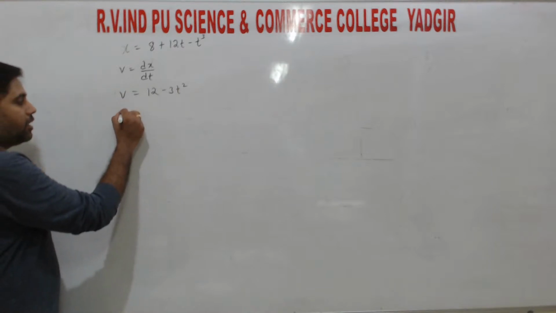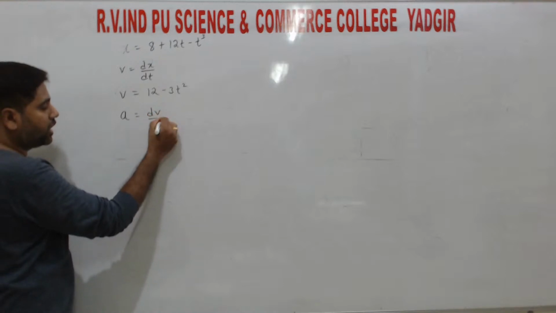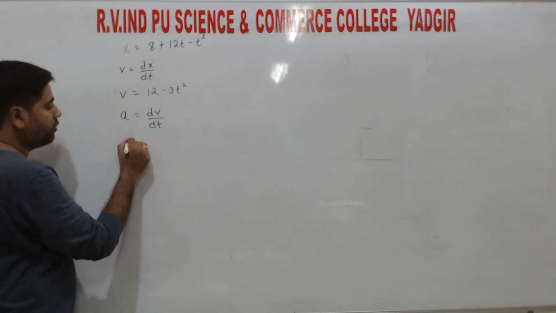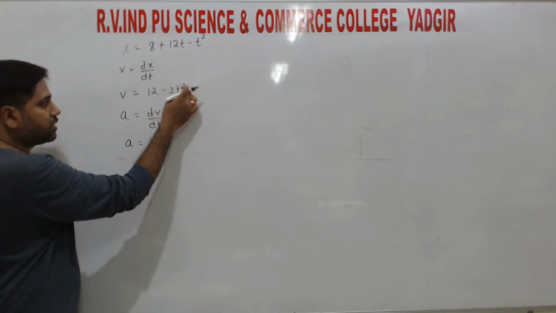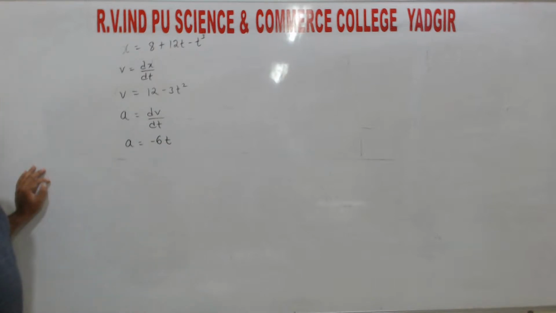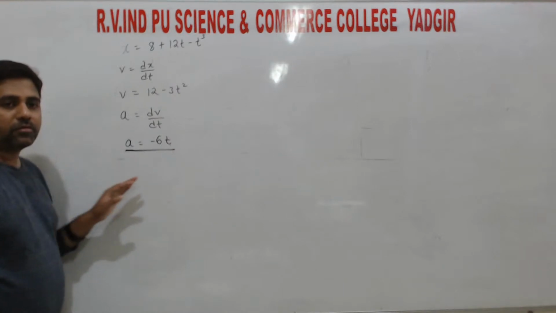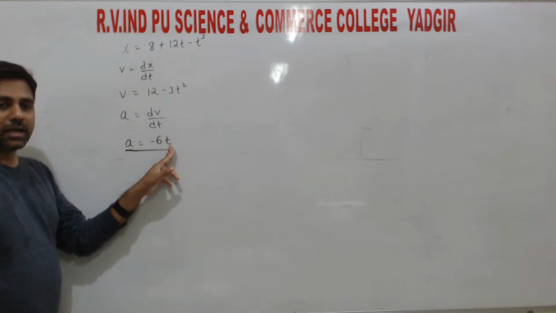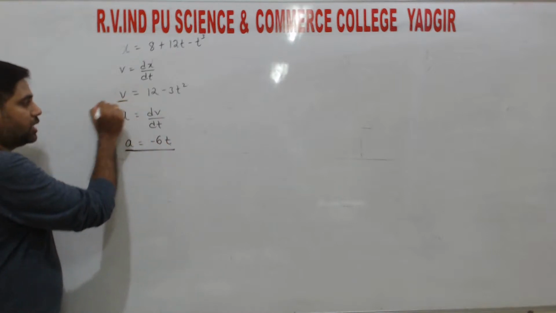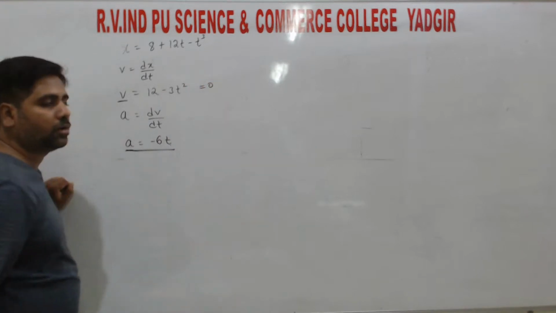So again we need to find the acceleration. That means we need to differentiate the velocity, dv divided by dt, right? If we differentiate this, we get a equals minus 3 into 2, that is 6t, right? So this is the acceleration in terms of time. Here we need to find the time when the velocity of the particle is 0. That means we equate this to 0, right?